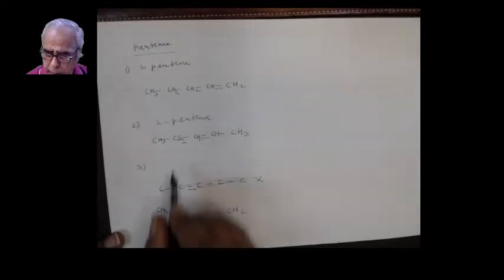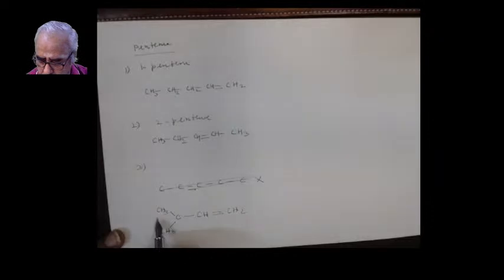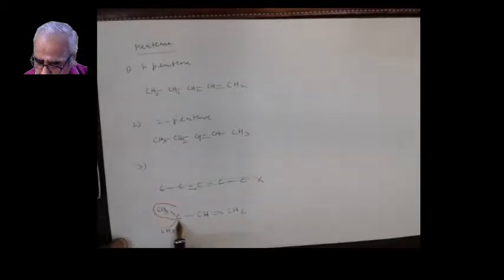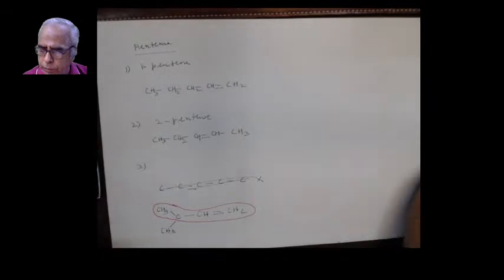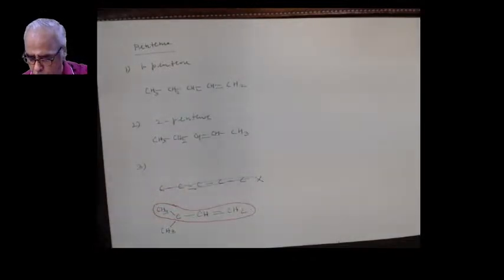But when you compare these two, this is branched, but we have to consider the longest chain. So either you can take like this or like this. So let me take the chain like this. Now I can count. Where from I have to count?